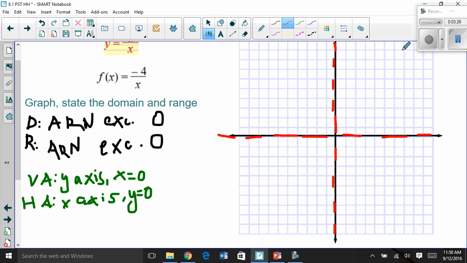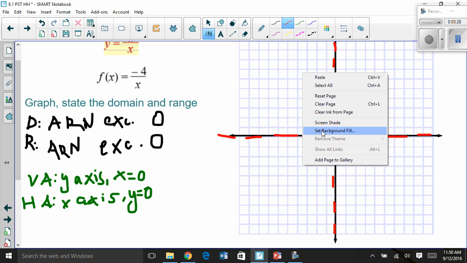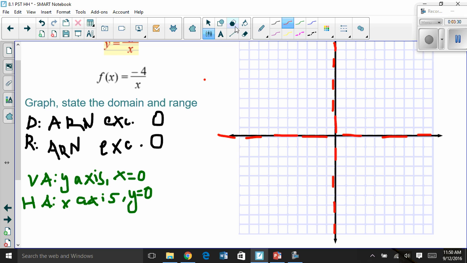Next step is to plot points around our vertical asymptote. So we can't use 0 anywhere, but we'll start with 1. If I plug in 1, I get -4 divided by 1. So I'll get -4. So 1, -4 is my first point.